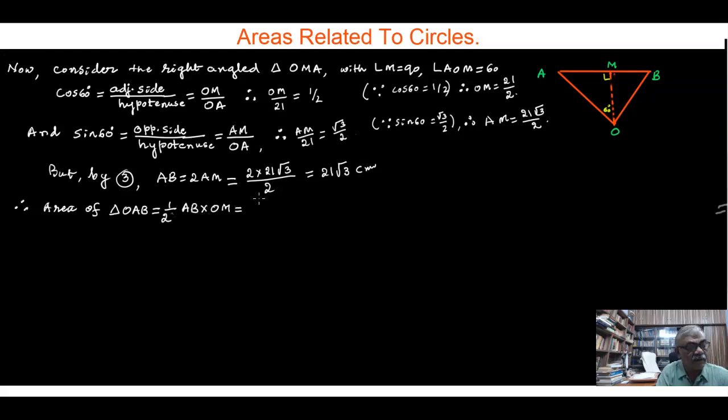And the area of triangle OAB equals half into base into height. AB we have found, and OM also we have found as 21 by 2. That is 1 by 2 into AB, which is 21 root 3, into 21 by 2.